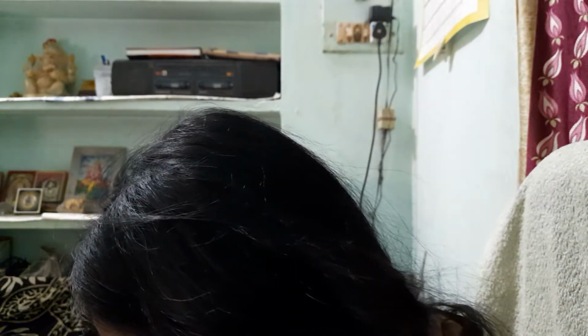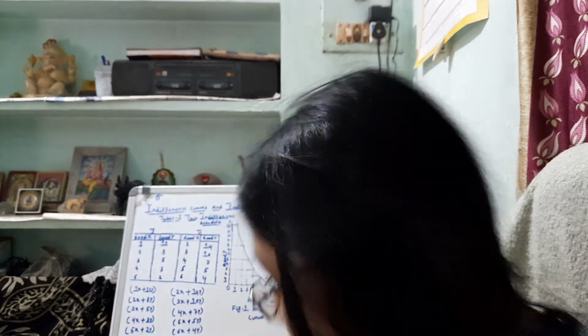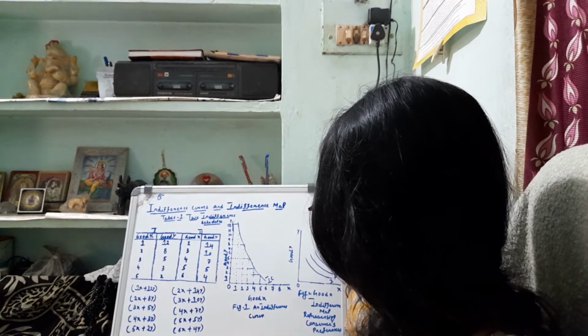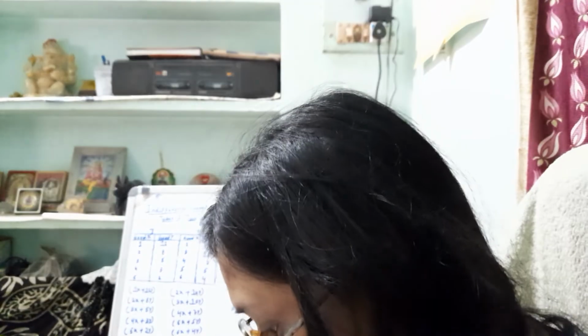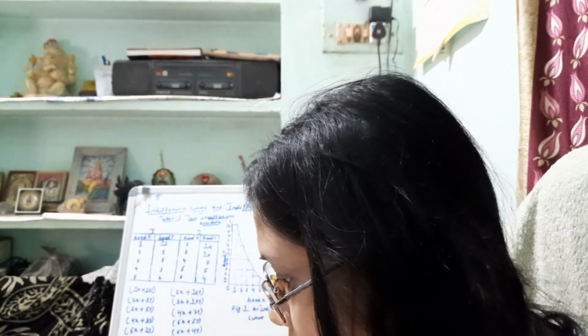An indifference map of a consumer is shown which consists of 5 indifference curves: 1, 2, 3, 4 and 5. The consumer regards all combinations on indifference curve 1 as giving him equal satisfaction.